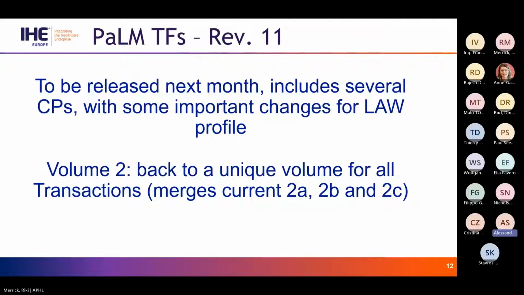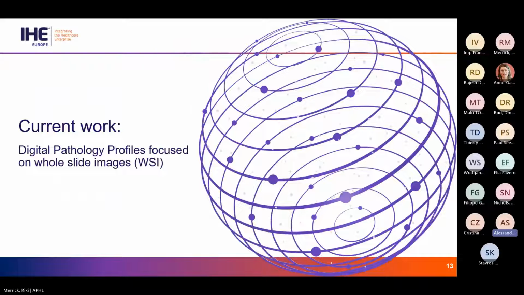Instead, until the revision 10, this volume was split into 3 separate volumes, 2A, 2B, and 2C, that have been merged in this revision 11. Now we will go to talk about the concurrent work and what we have new from the point of view of new profiles. And so I think that Raj will talk about that.